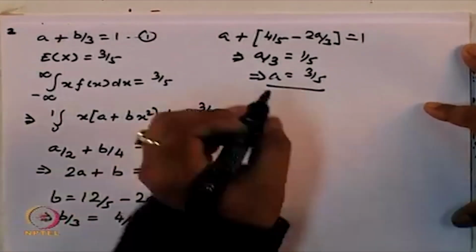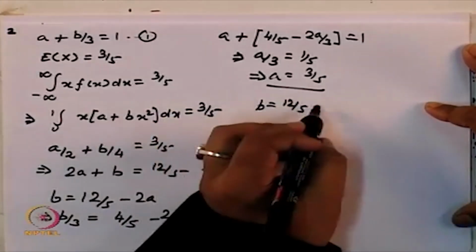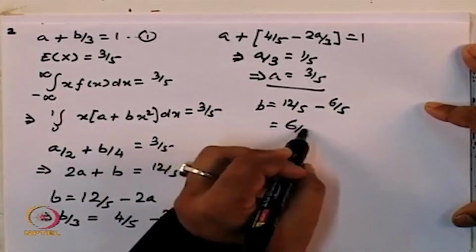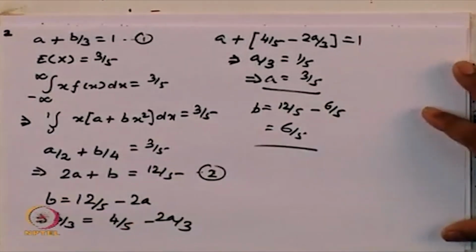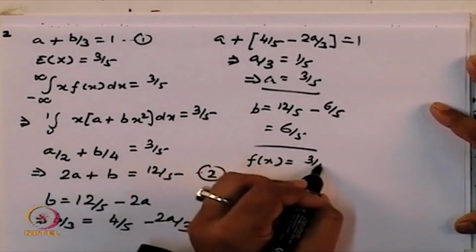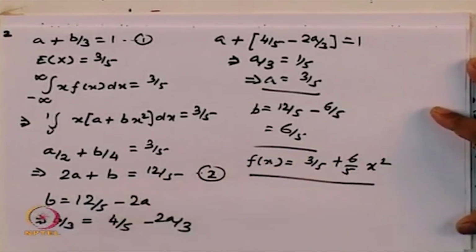Then b becomes 6 by 5. Thus f x becomes 3 by 5 plus 6 by 5 into x square.